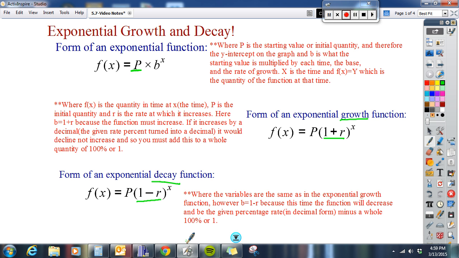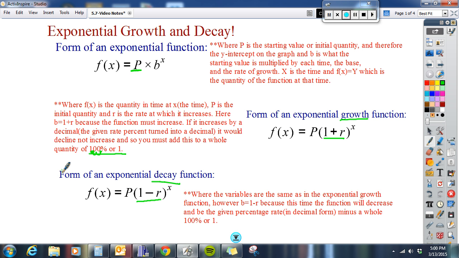The rate is a percentage, okay? So when I have like a 2%, that's the rate of growth, but it's increasing not from 0, from 100%. I explain here that it's increasing from 100 percent, which is the same thing as a 1 if I move the decimal place over 2.